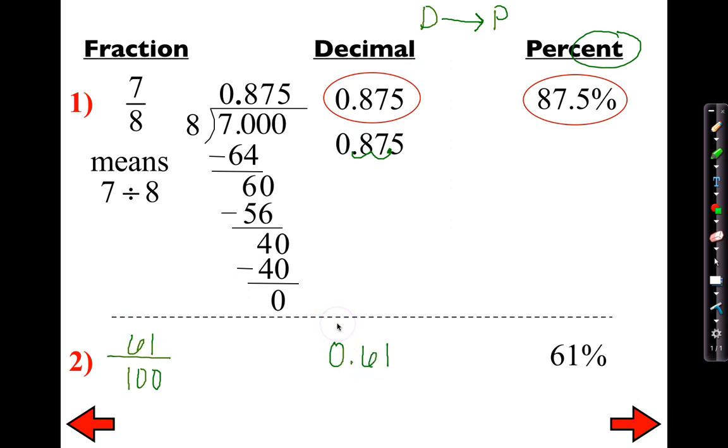So notice, using it both ways will allow you to move through these problems very quickly. So it's good to remember the definition of a percent as well as knowing which direction you should move the decimal when you're moving from a decimal to a percent, or from a percent to a decimal.